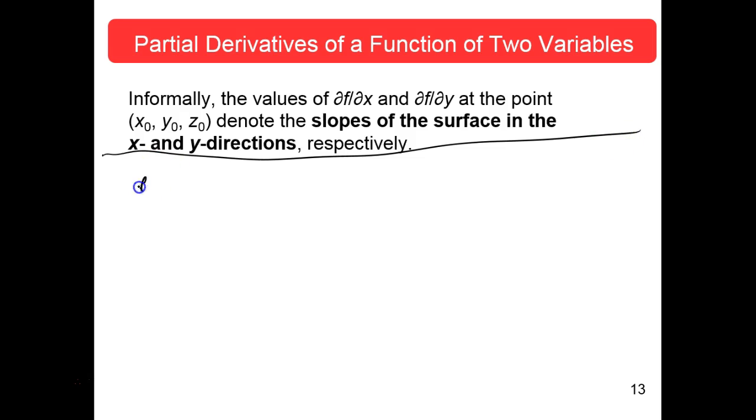For f of x, y equal to x e to the x squared y, find f sub x, and then we'll find f sub y. And evaluate each at the point 1, log 2.